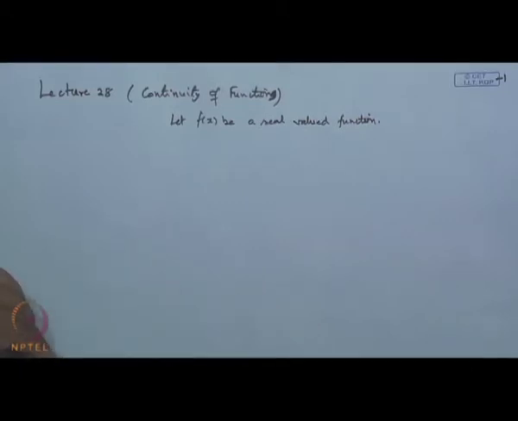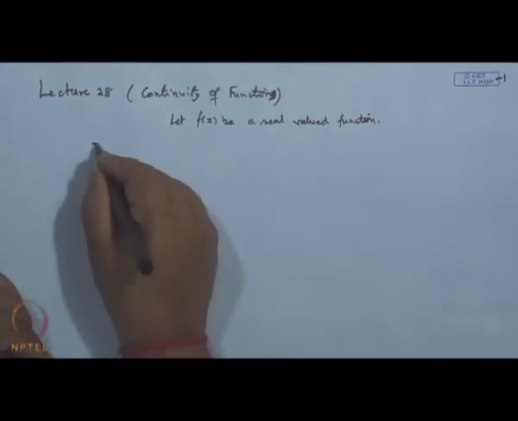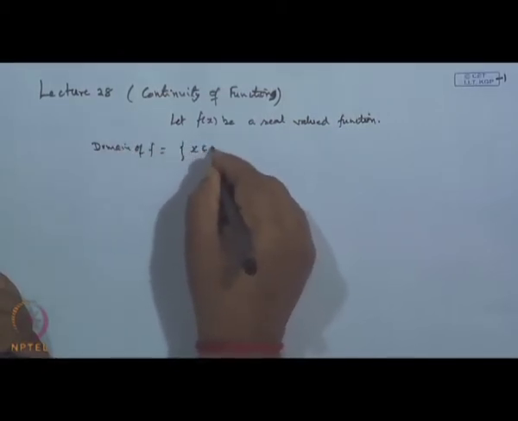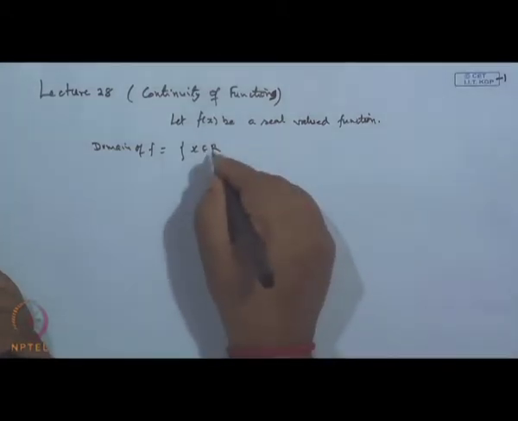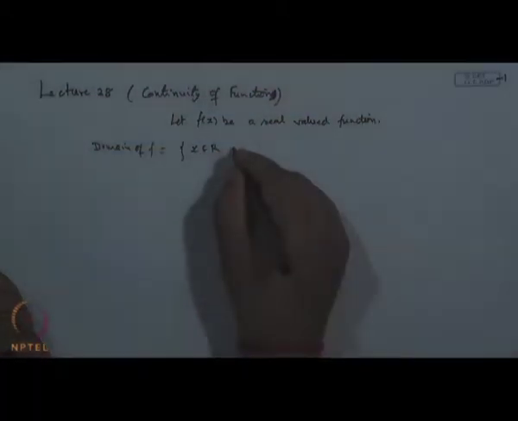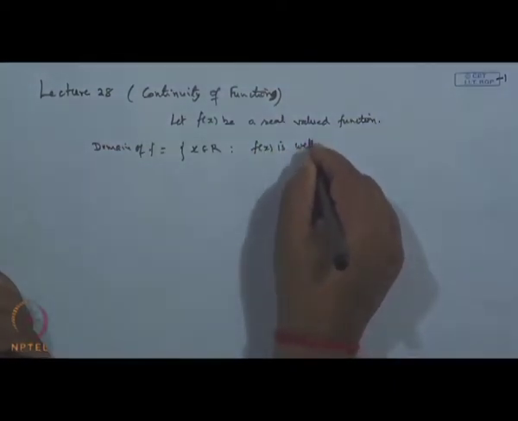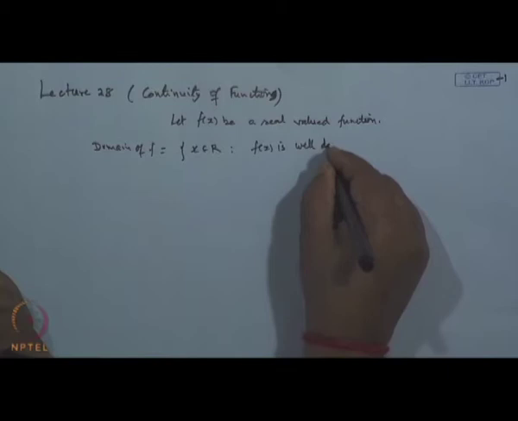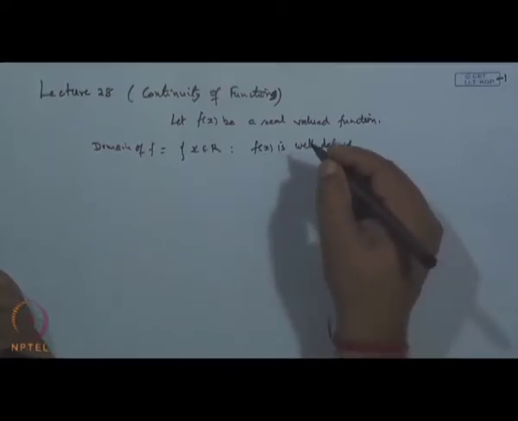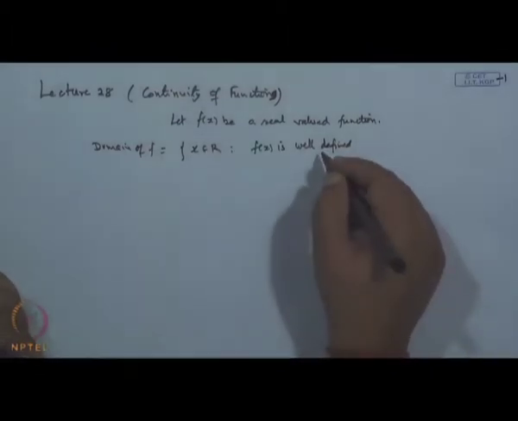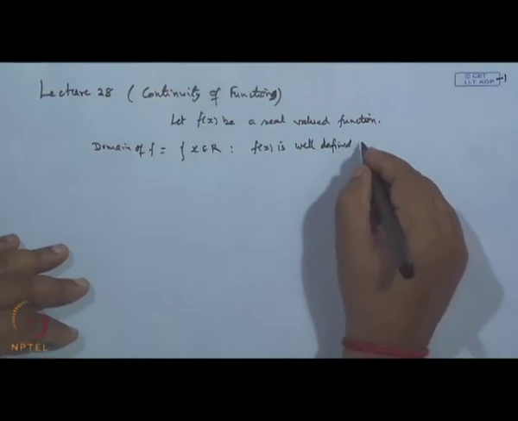By the domain of f, we mean the set of those real numbers x belonging to R such that f x is well defined at this x. It means f x should not be infinity or minus infinity, and it must be a finite, well defined value.